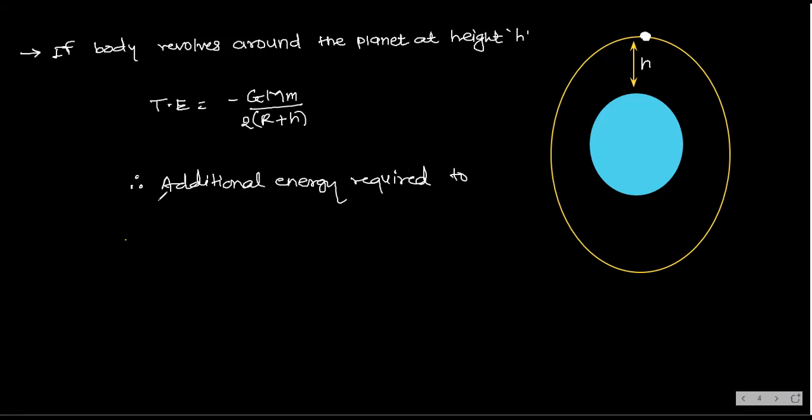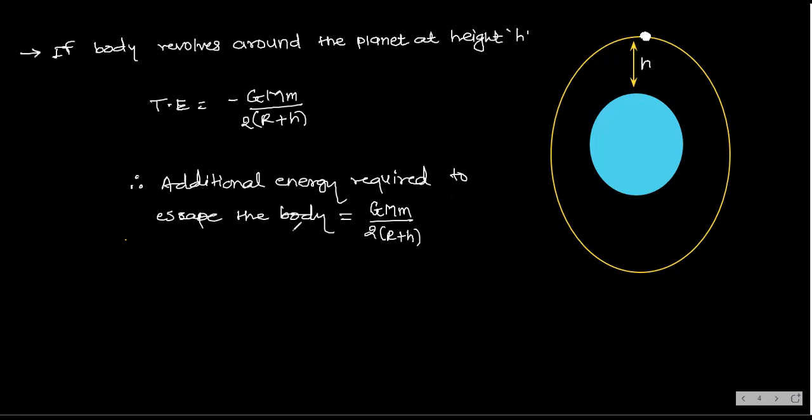to escape is equal to how much? GM by 2 into R plus h, which is nothing but the kinetic energy of the body at that point.